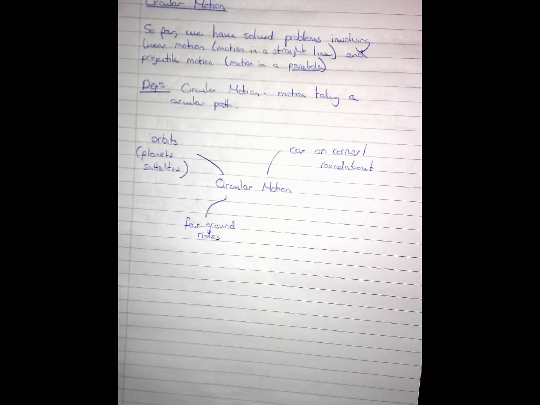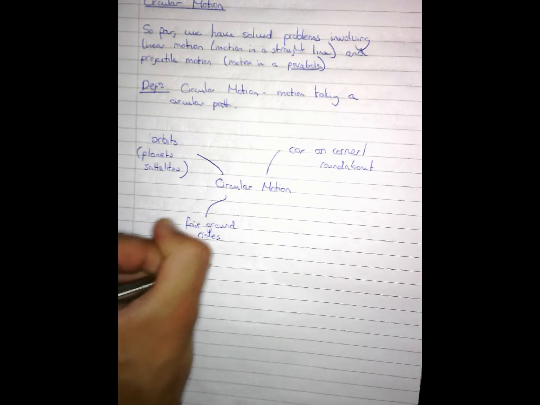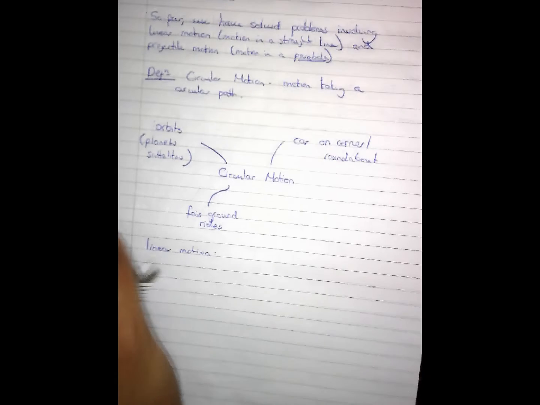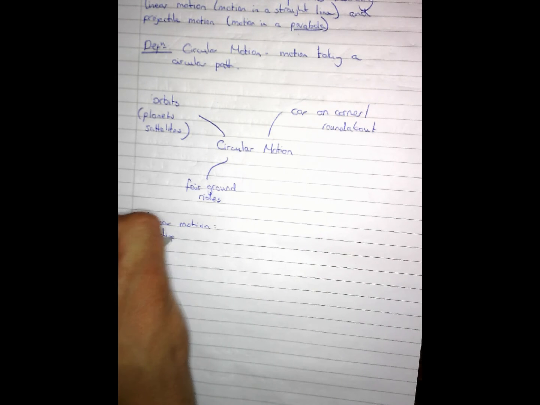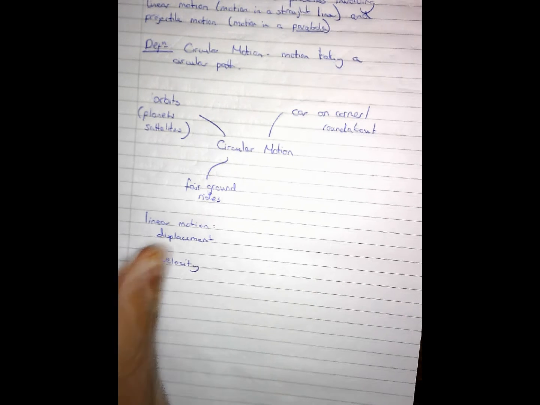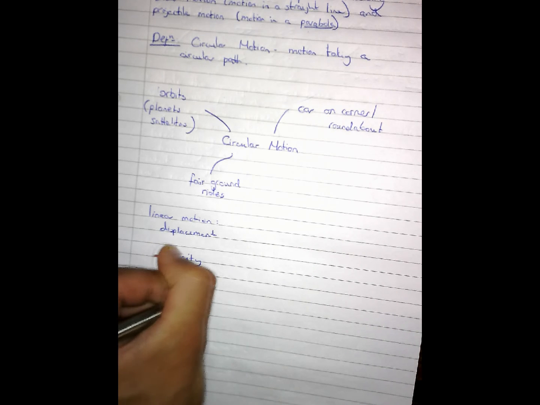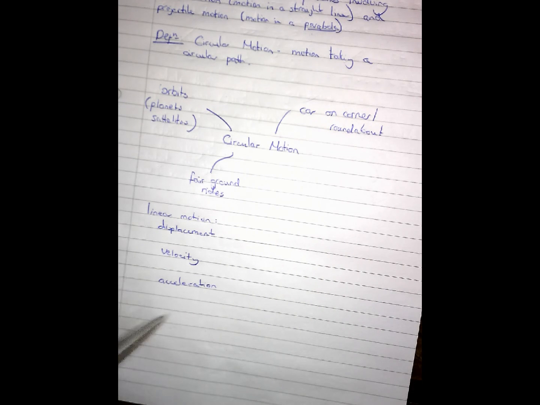So when we looked at linear motion, we didn't call it linear motion, but when we looked at it, we saw that we could describe it in terms of displacement, velocity, and acceleration. And those were the three things that we kept coming back to when describing the motion, and they're the things that we look at in the Suvat equations when we're solving problems with that.